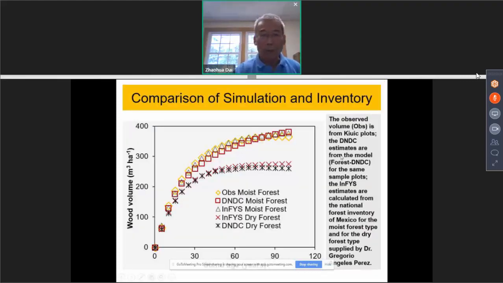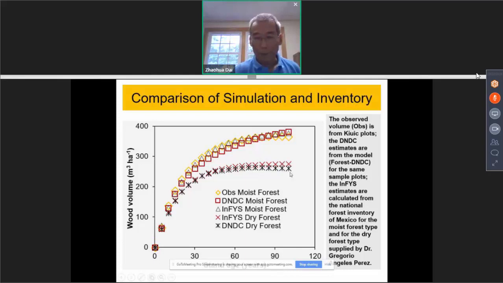We also compared the result with other results. This is the data from Gregorio, the Mexican inventory data, of two types, and we used the Yucatan site applied data to compare. The model's biomass is just a little higher than the inventory data.